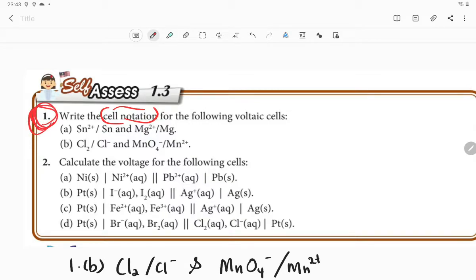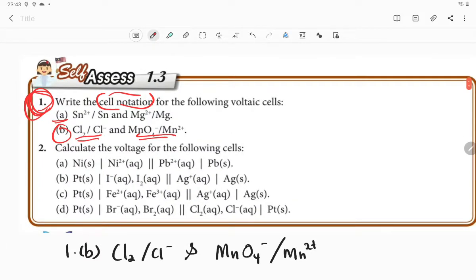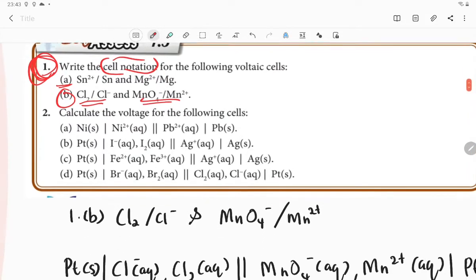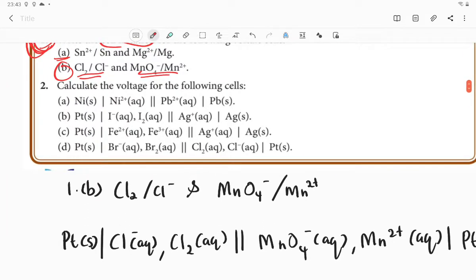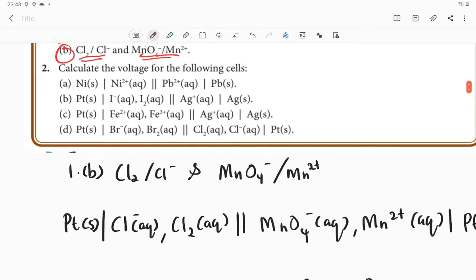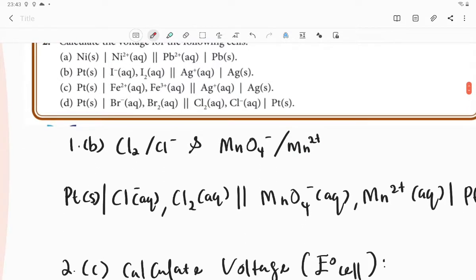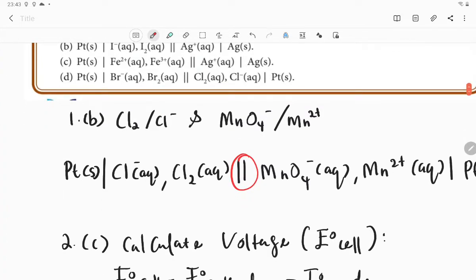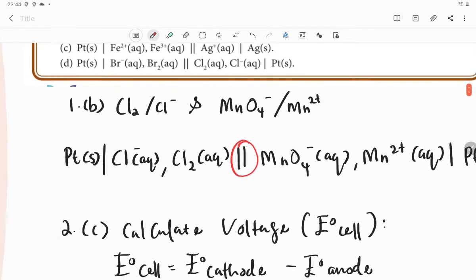Question number 1B, because A no problem, but B, both half cells are in aqueous state. There is no presence of a metal electrode. So how to write them is easy. Okay, so this one, don't forget to put double line there.